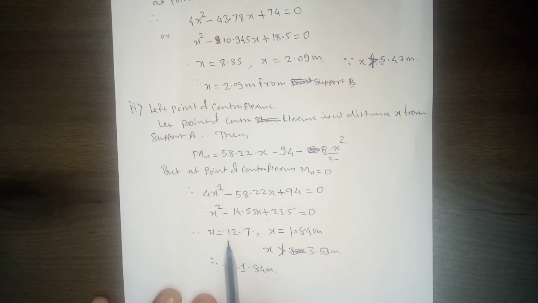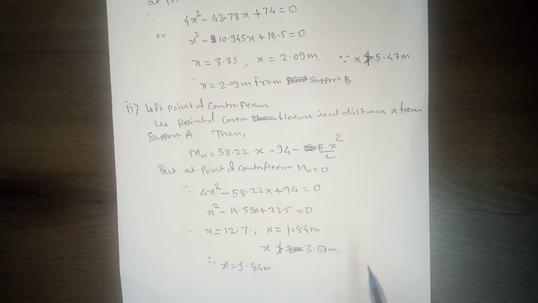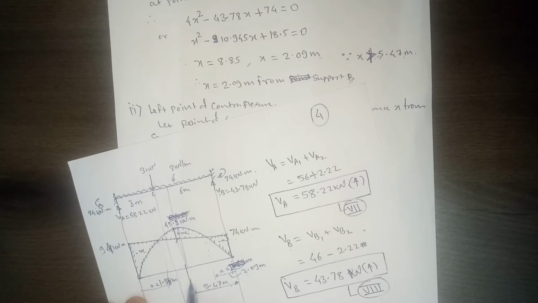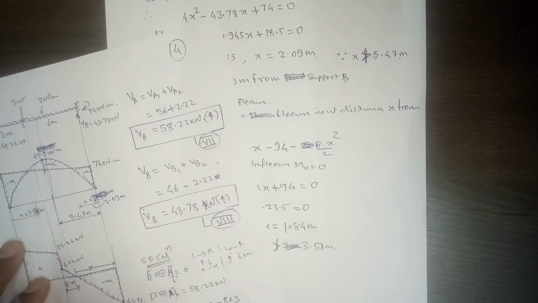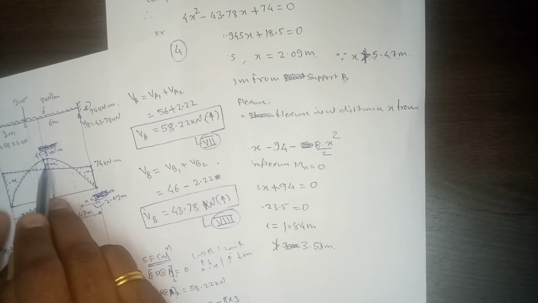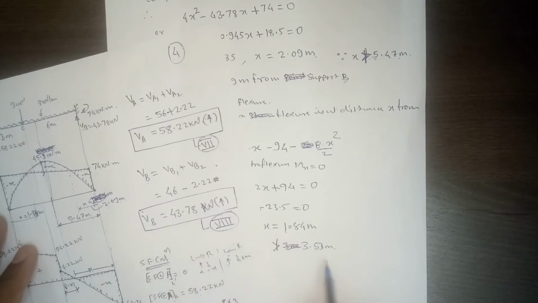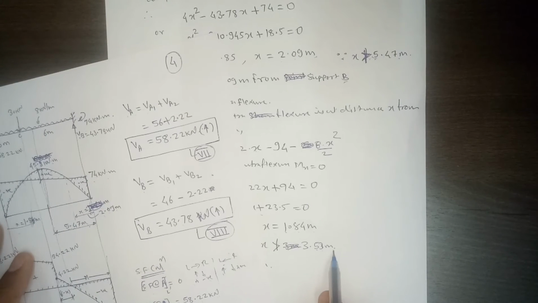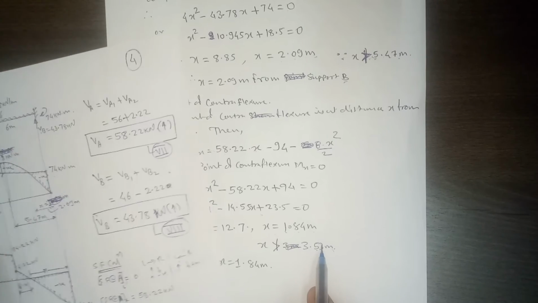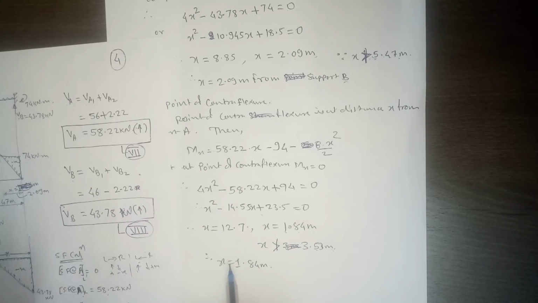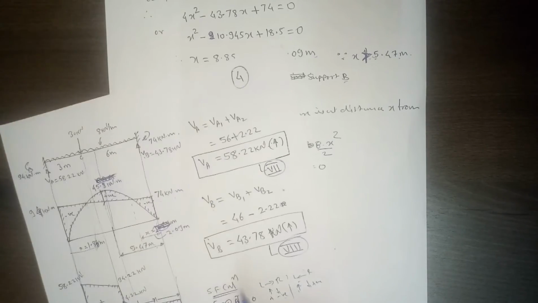Definitely this 12.7 is more than 3.53. 3.53 is this distance, and from support A at a distance of 3.53 meter we get the maximum positive bending moment. So the point cannot be beyond that, right?